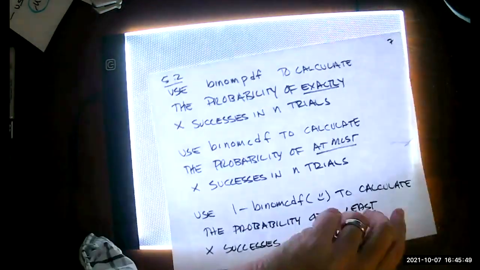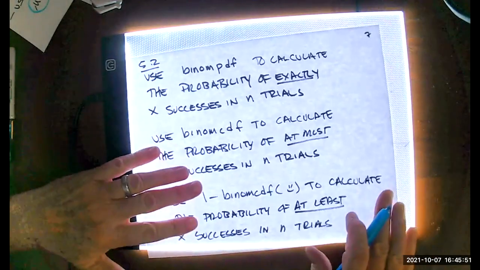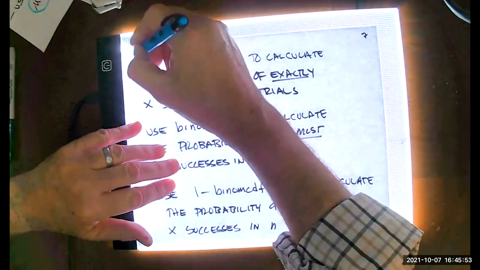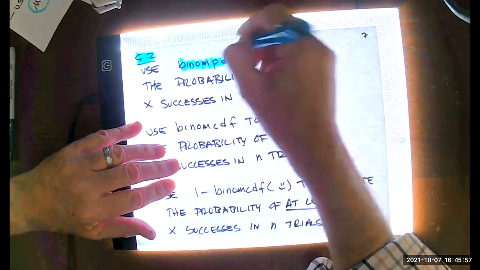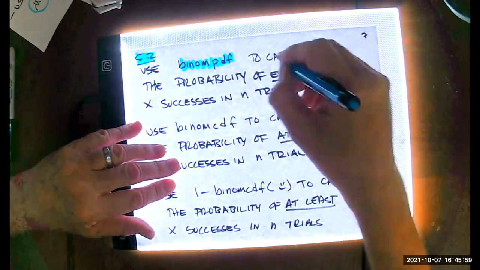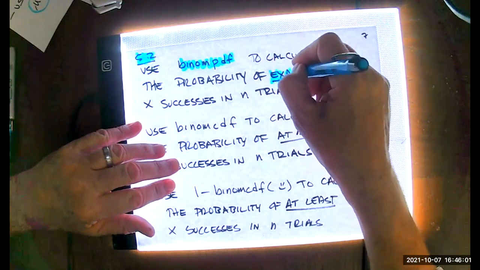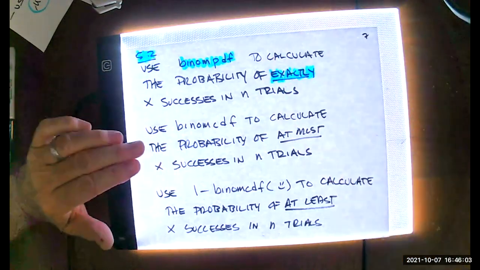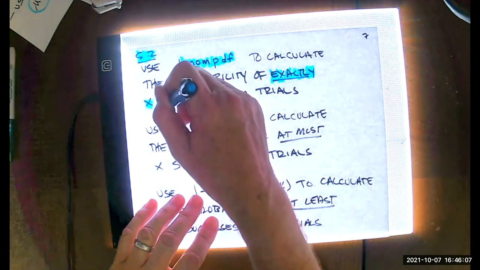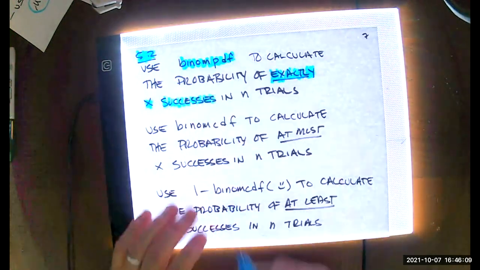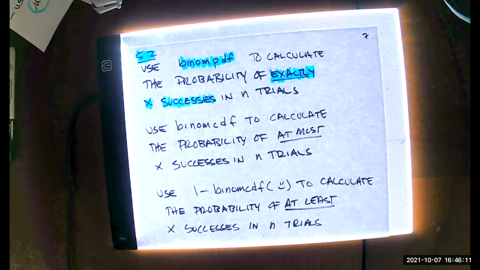Now, in 5.2, I use the binomial PDF function to calculate the probability of exactly x successes. And the book, honestly, is really consistent in their use of the language. They don't try to get tricky with this type of problem for the most part.